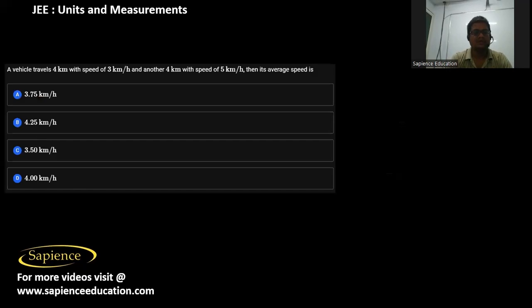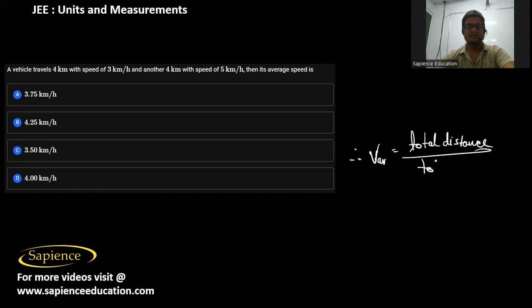And here it is told a vehicle travels 4 km with speed 3 km per hour and another 3 km with speed of 5 km per hour. Then its average speed is. Now therefore the average speed is equal to total distance traveled by total time.